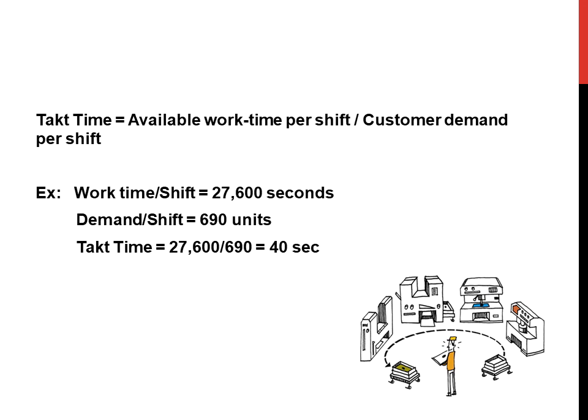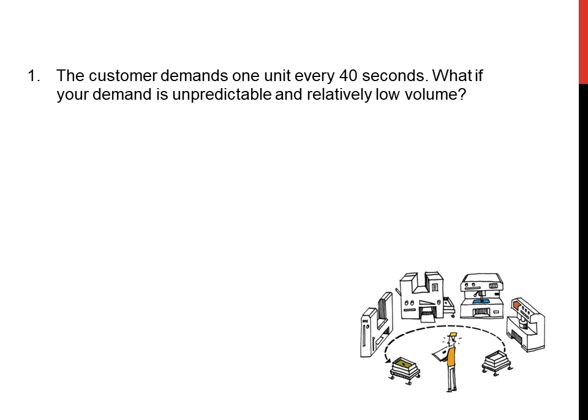For instance, work time per shift is equal to 27,300 seconds and demand per shift is equal to 690 units. Then takt time is equal to 27,300 over 690, which gives rise to 40 seconds. The implication of that is that the customer demands 1 unit every 40 seconds.